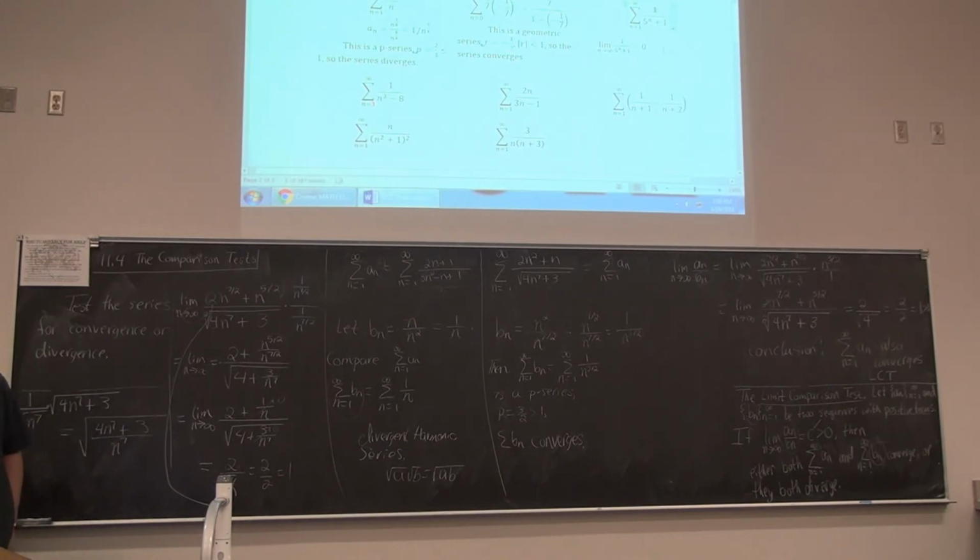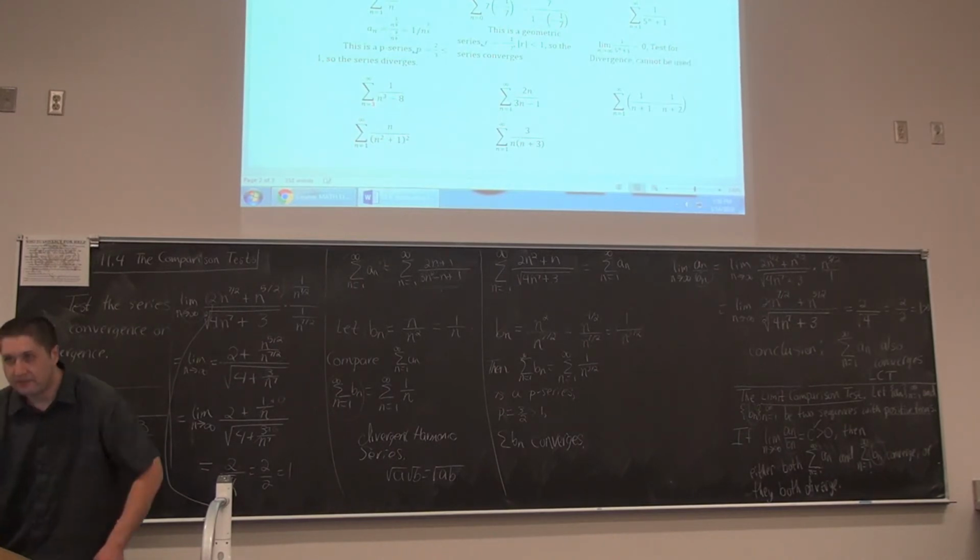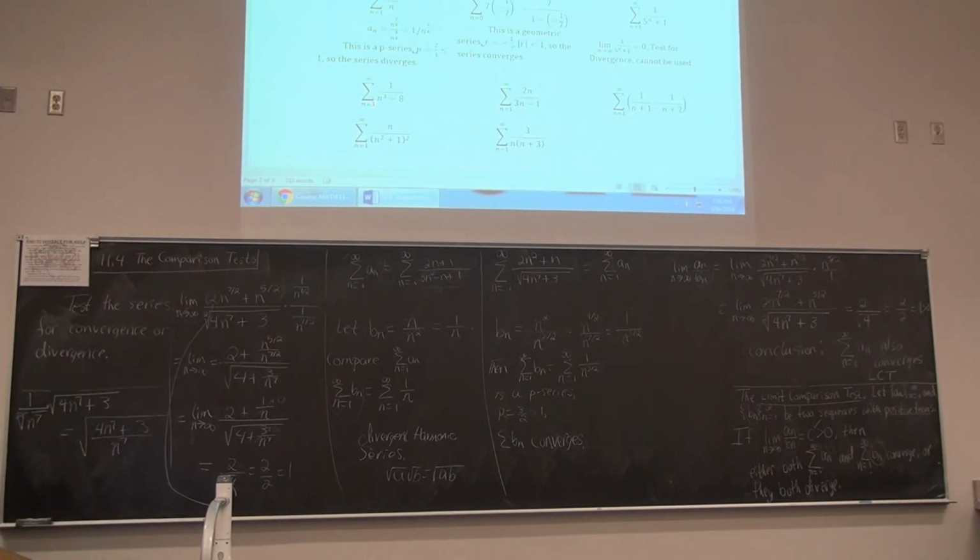So the whole limit would be 0, but that means the test for divergence can't be applied, because this could now either converge or diverge. So we can say test for divergence cannot be used. But that's really good information too. That means we can now narrow it down to the next best test.